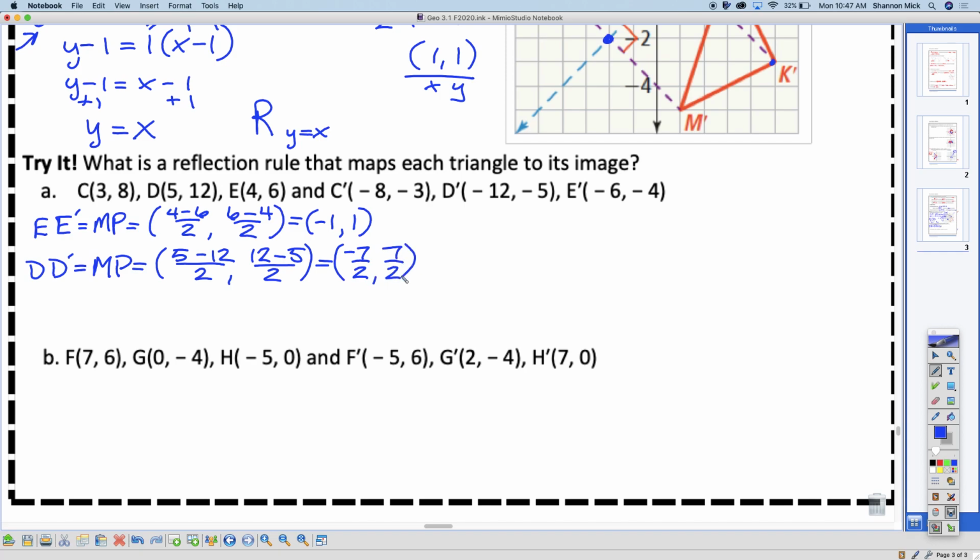Do we want to do C and hopefully we don't get fractions? Okay. We may have to deal with them, but if I get a fraction, I have another option, don't I? Okay, so C prime. So I have 3 minus 8 over 2, and I have 8 minus 3 over 2.